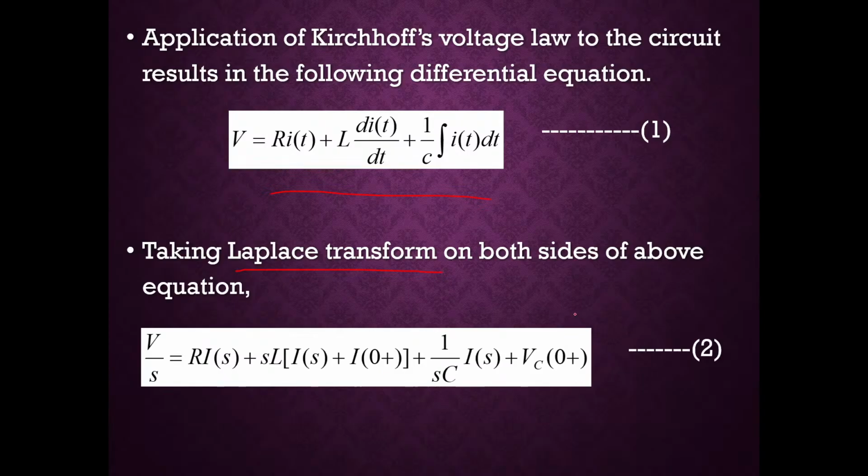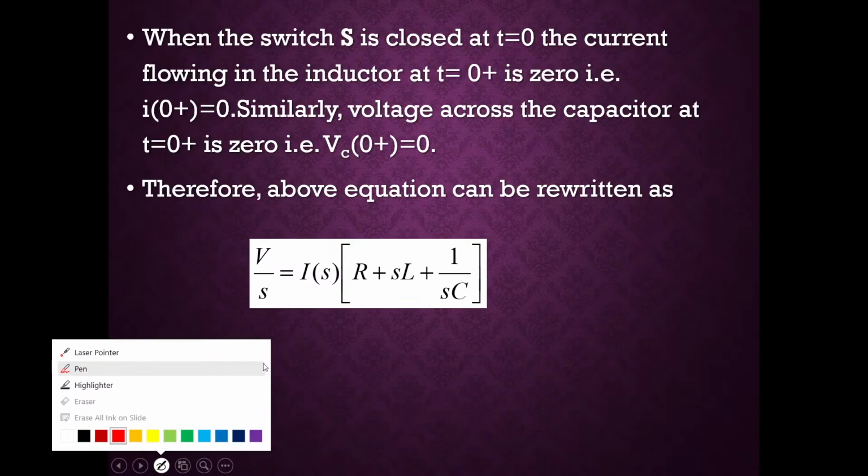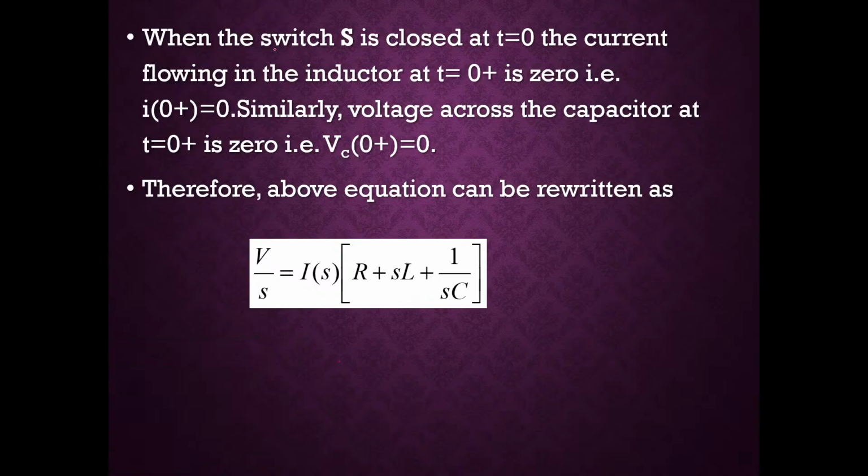Now consider this as equation number 2. As I have already told you, when switch S is closed at t equal to 0, at t equal to 0 plus, immediately after closing the switch, the current through the inductor is 0, that is, I of 0 plus is equal to 0.